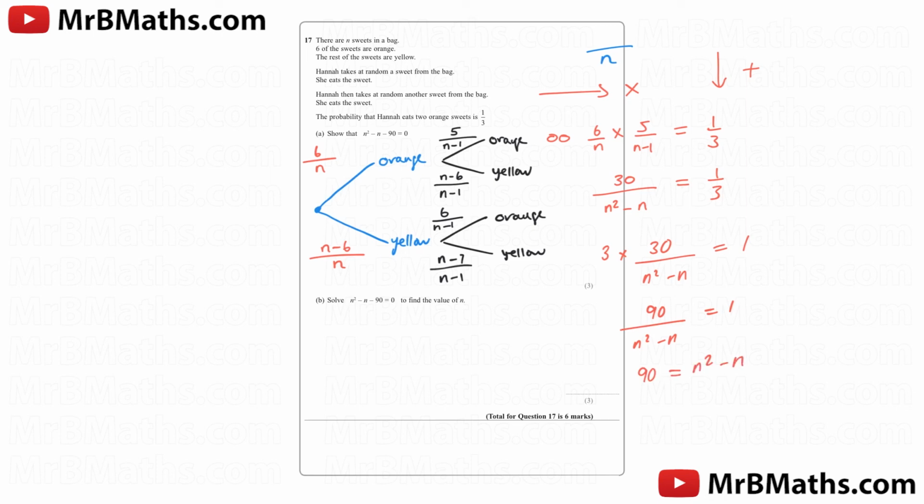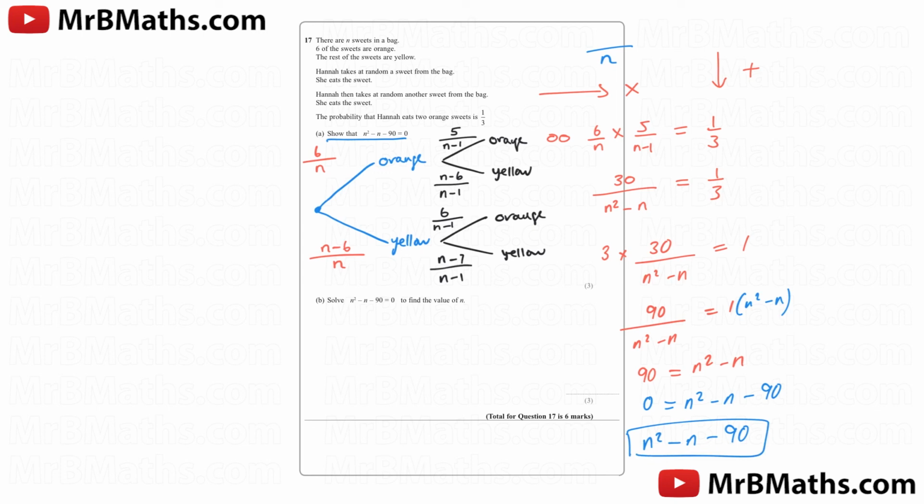Now the 1 hasn't disappeared, but what we've done is 1 times n squared minus n, and because it's 1 then it essentially disappears, but it doesn't completely disappear. Then we end up with 90 equals n squared minus n. Now it does say here show that n squared minus n minus 90 equals 0. So if I put a 0 here, I can do n squared minus n minus 90, and of course that's the same as n squared minus n minus 90 here. So there is the show that section complete.